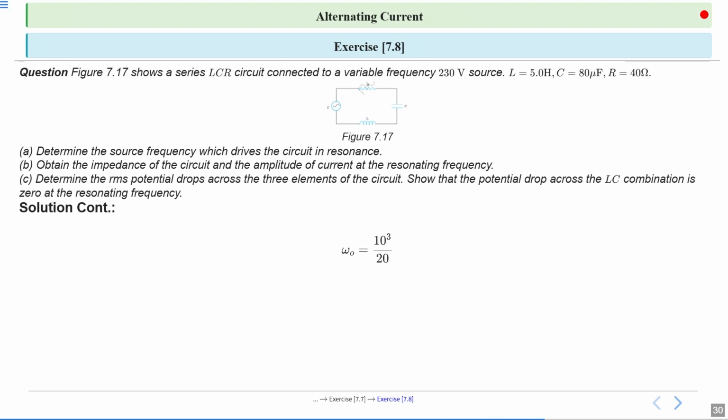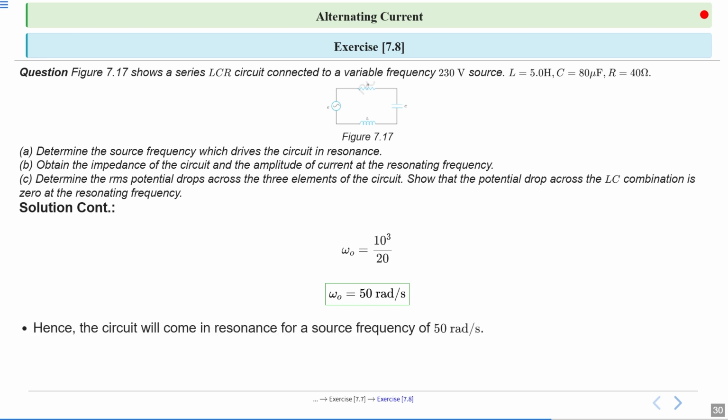So omega naught will be equal to 10 to the power 3 upon 20. In the denominator it is 10 to the power minus 3; when it goes to the numerator, it becomes 10 to the power 3. So omega naught will be equal to 1000 upon 20, which is equal to 50 radian per second. Now we will calculate nu naught. So the circuit will come into resonance for a source angular frequency of 50 radian per second.